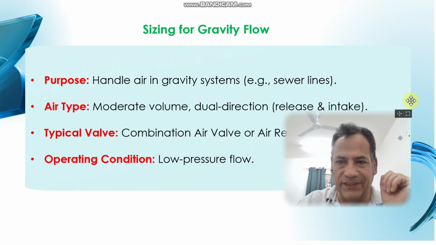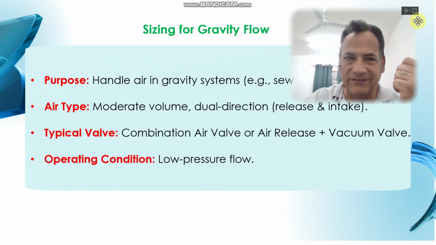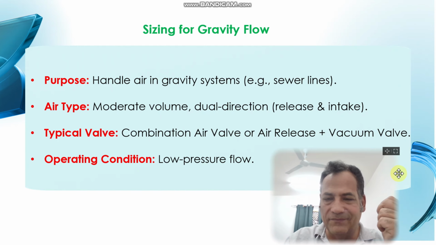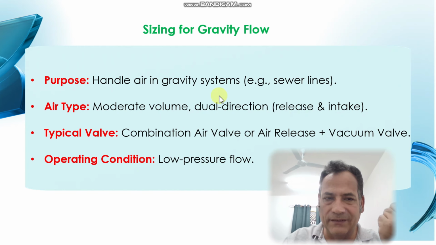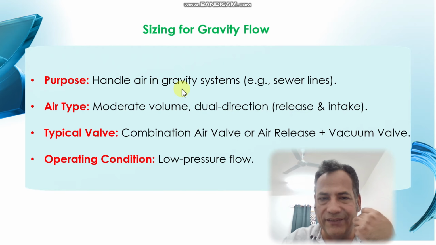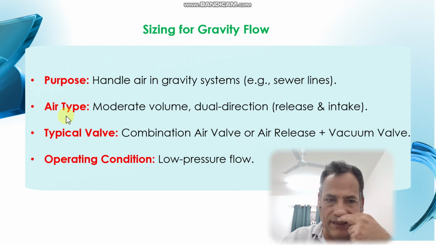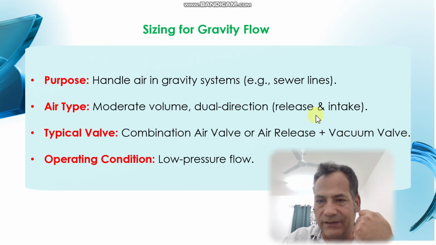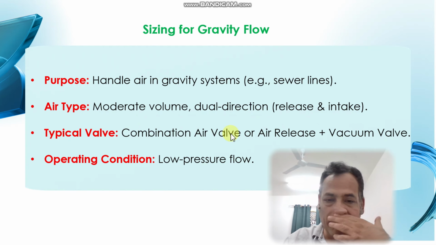For gravity, we also have sizing. What is the purpose? Handle air in gravity systems, for example sewer lines, and the air type will be moderate volume, dual direction, release and intake.